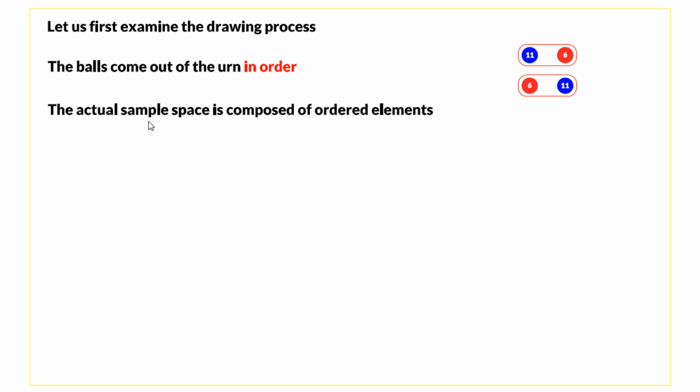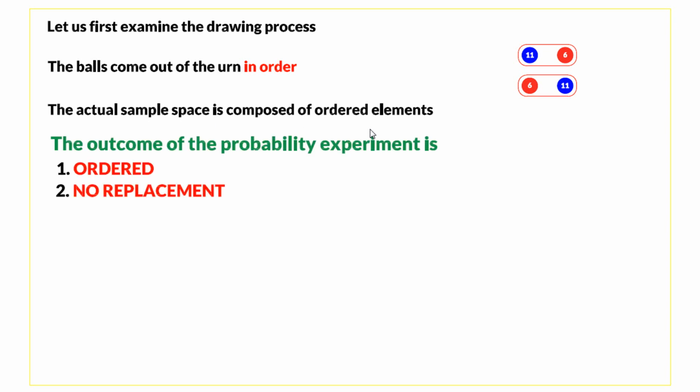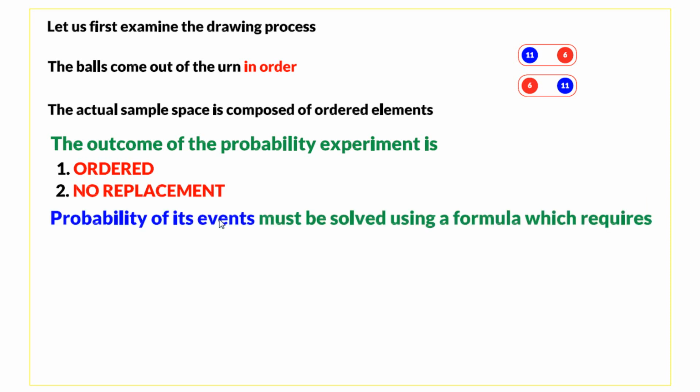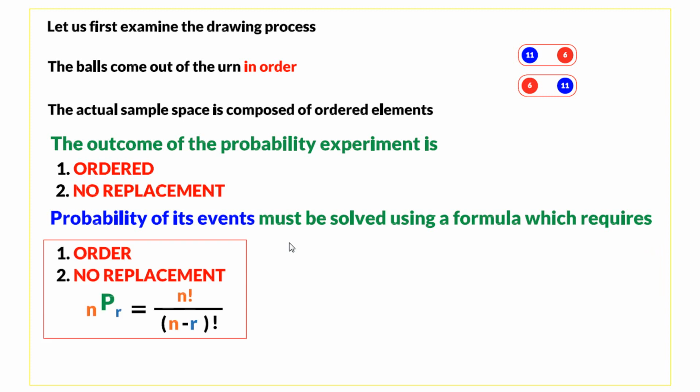So the actual sample space is composed of ordered elements, and the outcome of the probability experiment is ordered and without replacement. So that means we must use a formula which requires order and no replacement, and that is the permutation formula of n elements taken r at a time and without replacement.